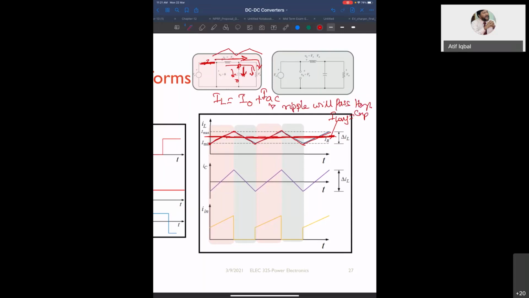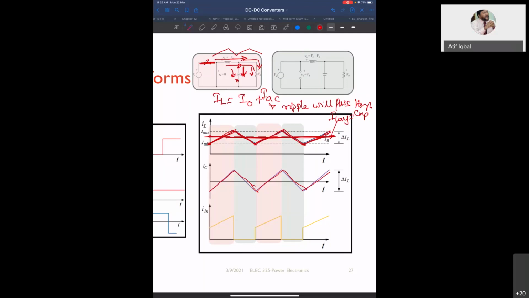So whatever the ripple is, this ripple is the same as your capacitor current. So you see, this is the capacitor current. You just have to draw the same nature, except that the DC value is not there.